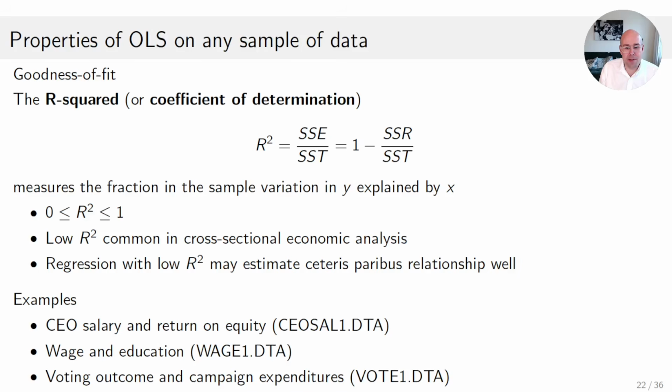And one thing that's really important to realize is that a low R-squared measure is actually common in cross-sectional economic analysis. So if somebody tells you that this measure is 2%, you should not get worried. So it could still be that the coefficient that you're interested in, this beta 1 hat, is a very good estimate of your ceteris paribus relationship.